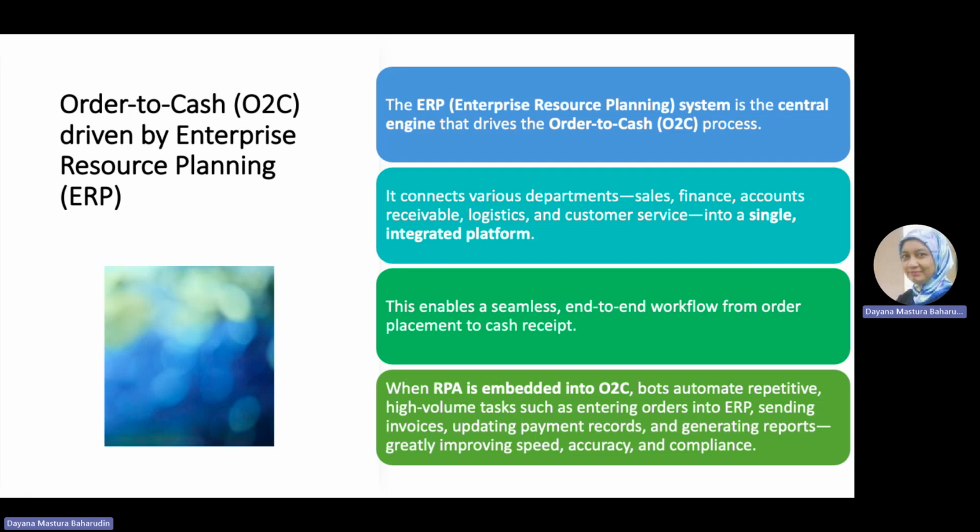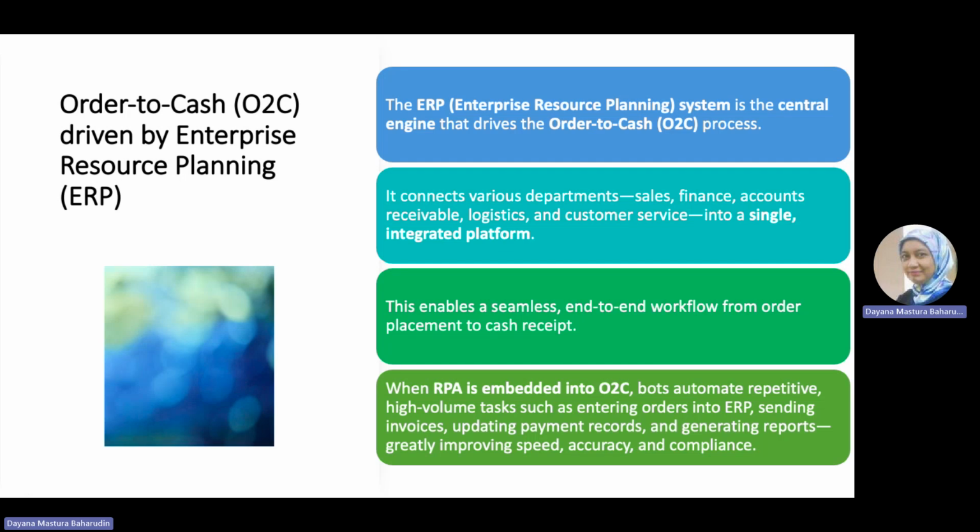Okay, so what does ERP do? Let's have a recap. ERP connects various departments, sales, finance, accounts receivable, logistics, and customer service into a single integrated platform. This enables a seamless end-to-end workflow from order placement to cash receipt. So as I told you before, ERP is great.